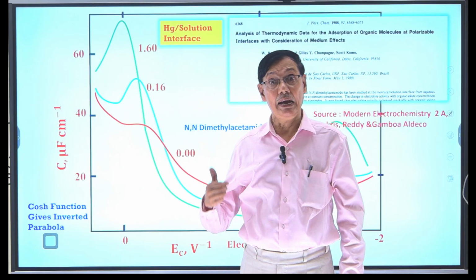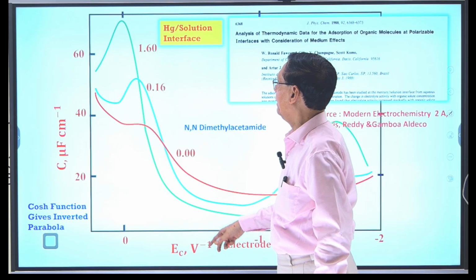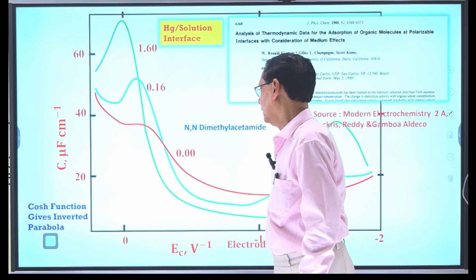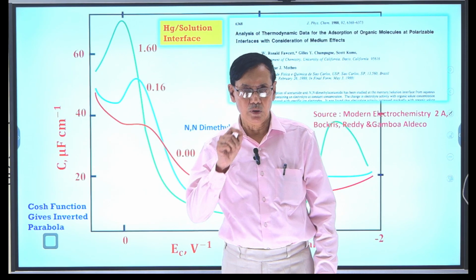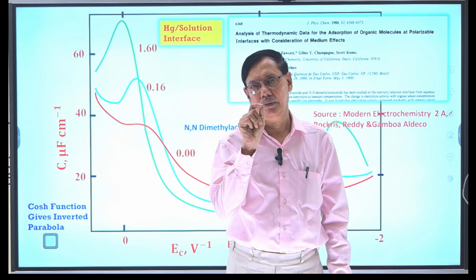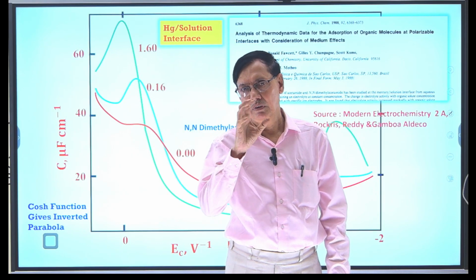Because that is very important, differential capacitance with respect to electrode potential, and there is a point called the PZC, the point of zero charge, which is very important, where we will get the maximum capacitance.